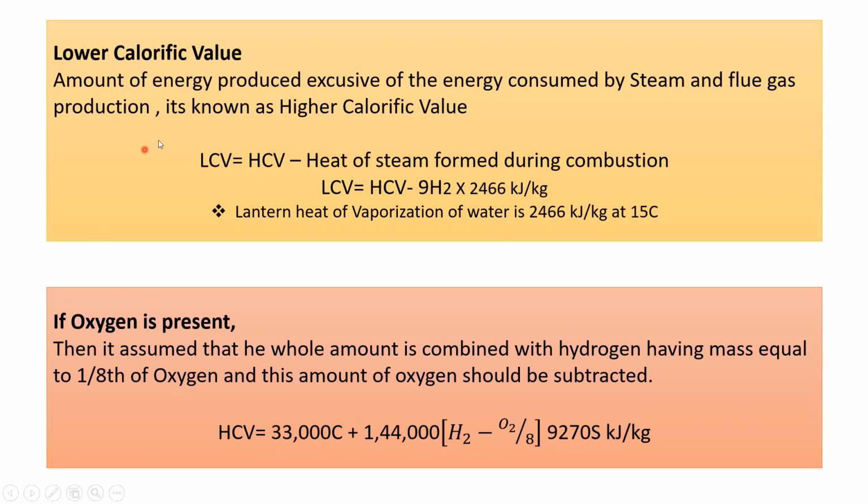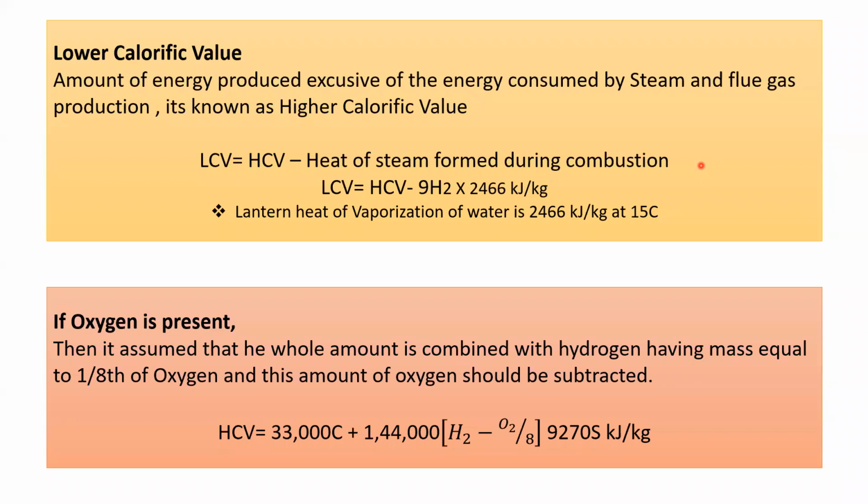For example, it's given here: lower calorific value is equal to higher calorific value minus the heat of steam formed during the combustion. That means the flue gas is not included here, the reason being the production of flue gas consumes only a very small amount of energy compared to the energy required to generate the steam.